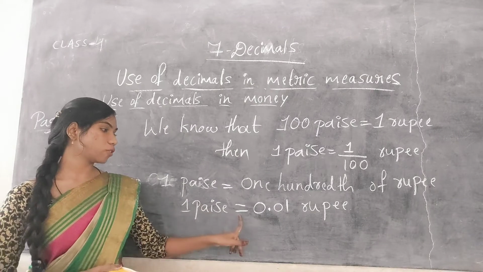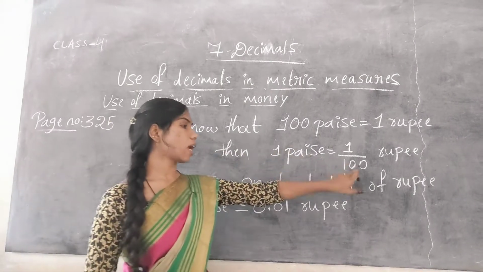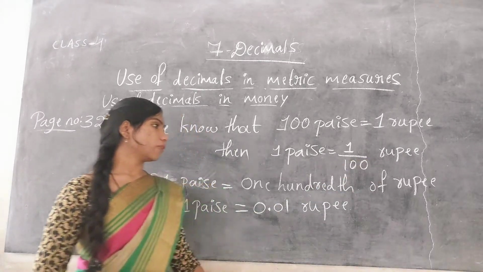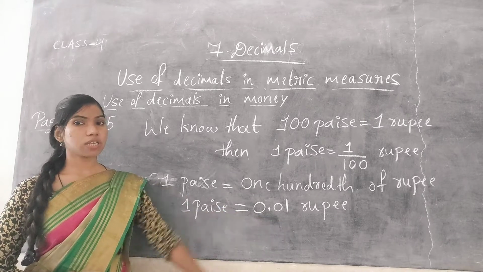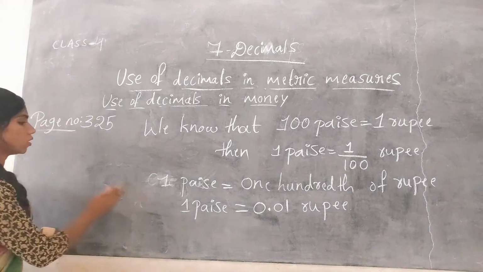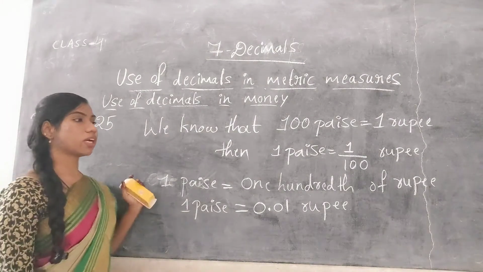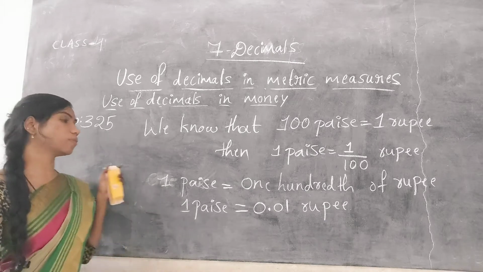So 1 paise is equal to 0.01 rupee. So 1/100th of a rupee we can write in decimal as 0.01 rupee. Already we have learned how to convert common fractions into decimals.